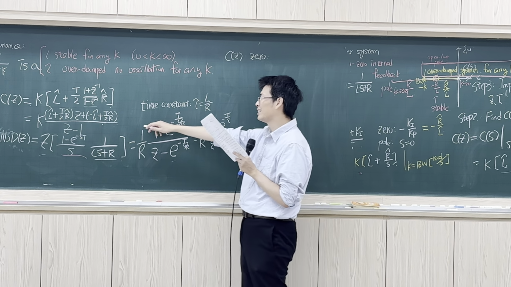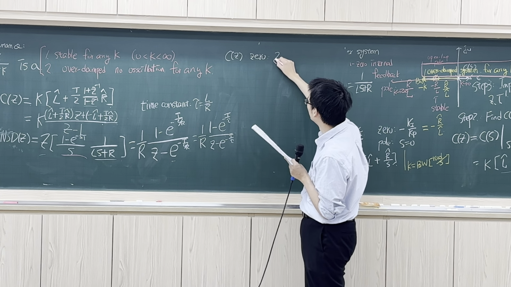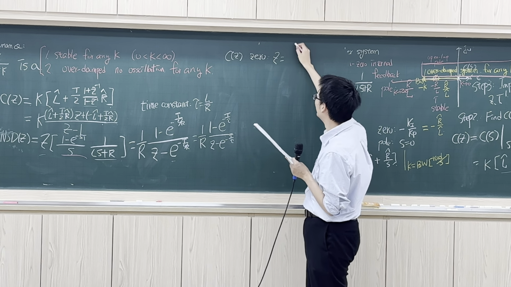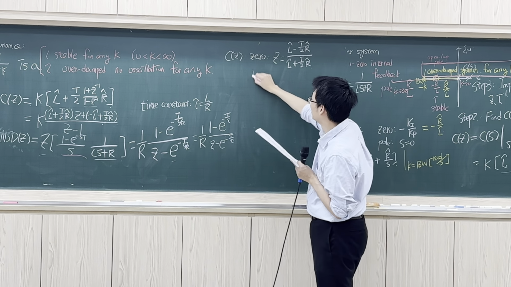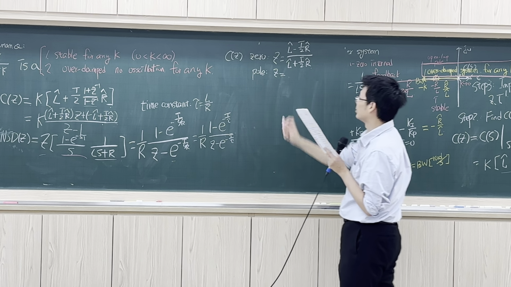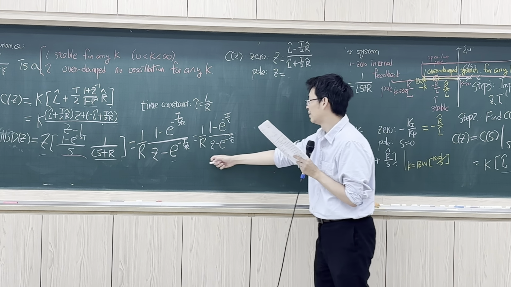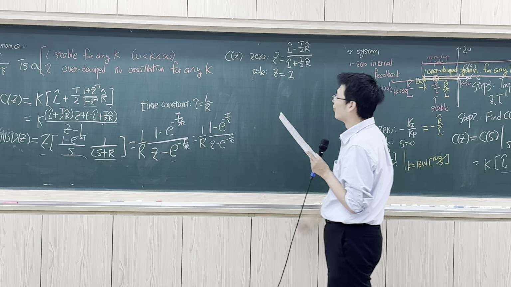So the corresponding zero location for CZ should be Z equal to (L minus T over 2R) over (L plus T over 2R) for the bilinear transformation. CZ, the PI control, should contain a pole at Z equal to 1.